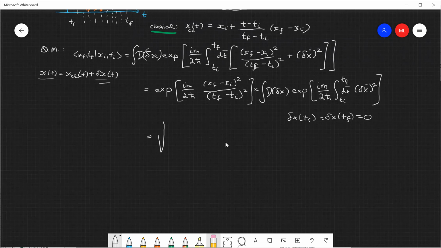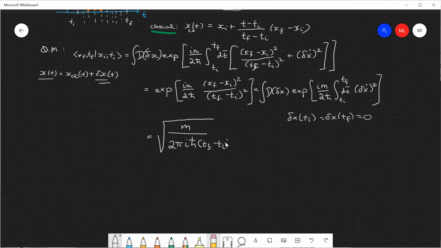What you get from that leftover Gaussian integral is a square root of m. Oh, sorry, you get the square root of the stuff that's in here, not the inverse. There are some factors of pi that come up, but in any case, you get the following.